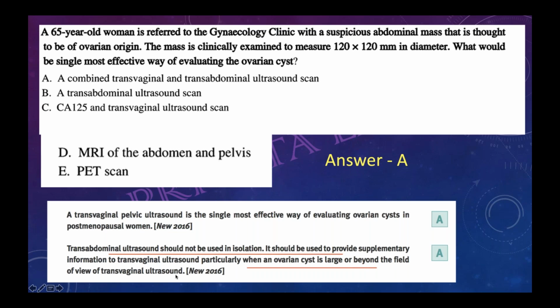Those who do ultrasound scans will understand that when you put the probe inside, you will be able to see only the cyst. No measurement can be done because it will not come in the field of the vaginal probe. So you have to put the abdominal probe over the abdomen to measure the size. So the answer will be TA and TVS. People who do scans will understand this better.